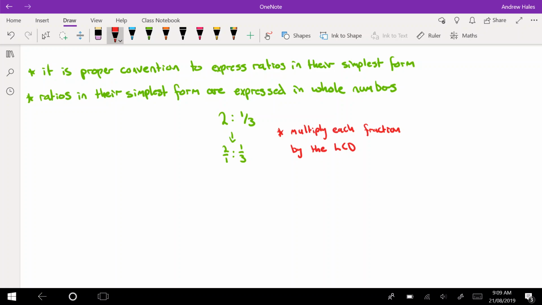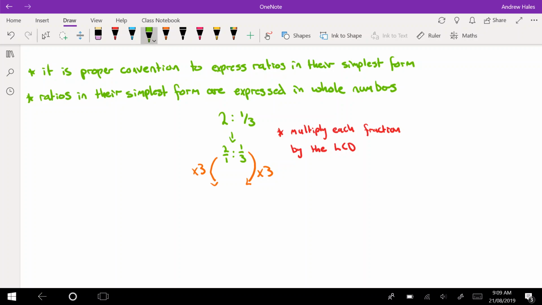So the lowest common denominator between 1 and 3 is obviously going to be 3. So I'm going to times 2 over 1 by 3. I'm going to times 1 over 3 by 3. Times by 3, times by 3.